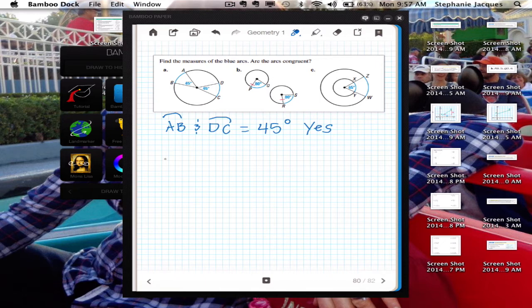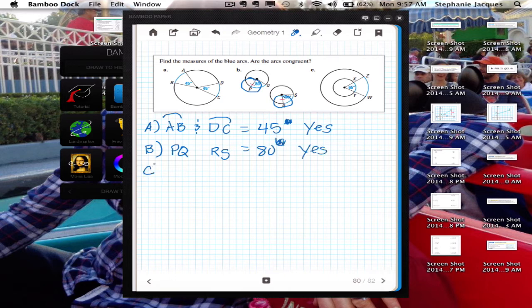Okay, let's look at B. We have PQ and we have RS. They're both equal to 45. They are both equal to one another with their angles, and because it has the same radius, they are congruent circles, so therefore these are congruent arcs.